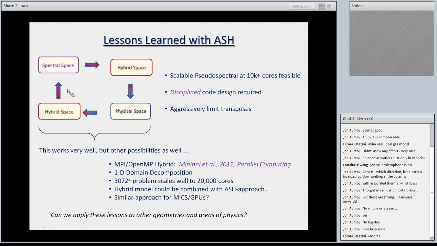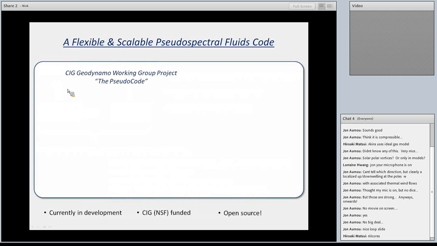What I think is nice to do is ask, can we apply these lessons to other geometries and other areas of physics? This is really what I'm doing with CIG now. We're working on a flexible and scalable pseudospectral fluids code. The priority will be something anelastic and spherical in nature, but the idea is to build this from the ground up so that you can address other geometries like Cartesian or cylindrical, or look at Boussinesq or possibly pseudo-incompressible equations.